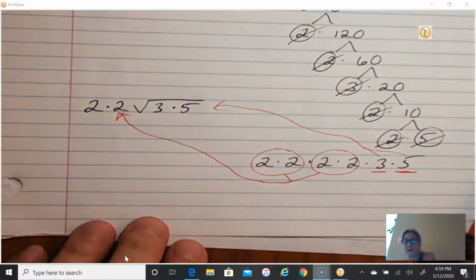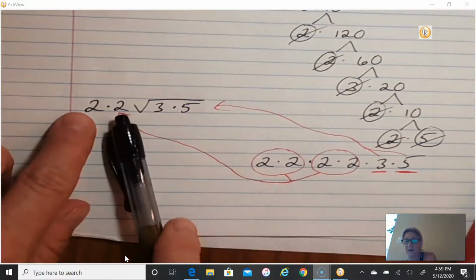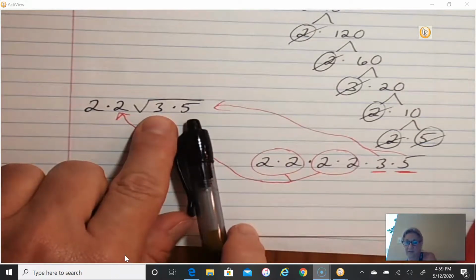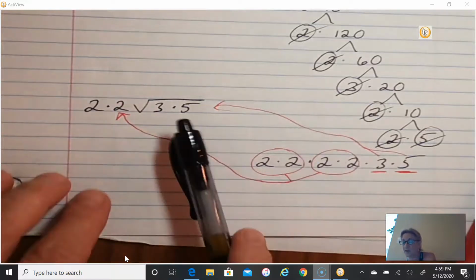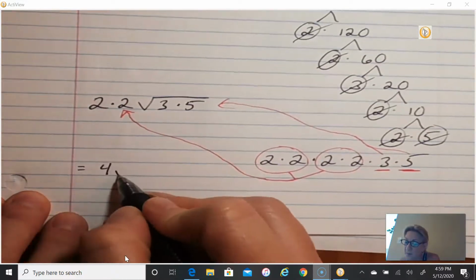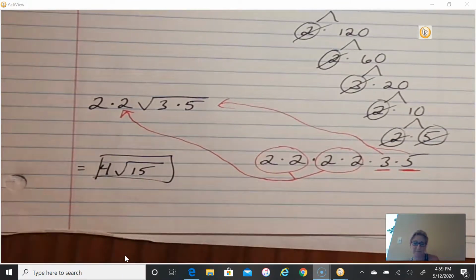Make sure you multiply. So one from each of these pairs goes on the outside and you multiply. And your leftovers you just throw in there. Okay? And you're going to multiply. So 2 times 2 is 4. 3 times 5 is 15. You're done.